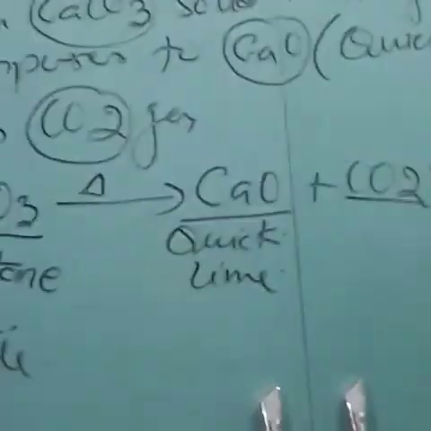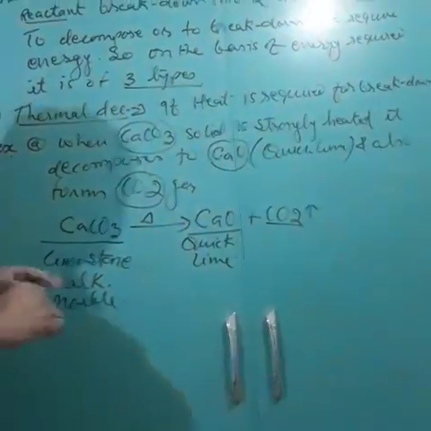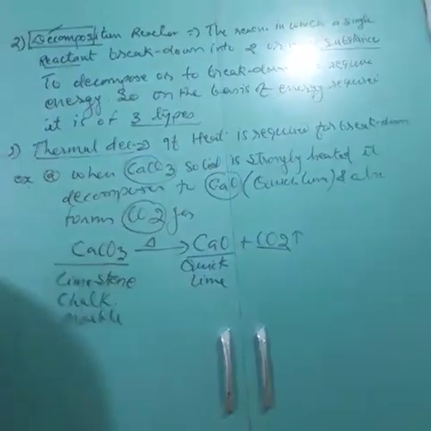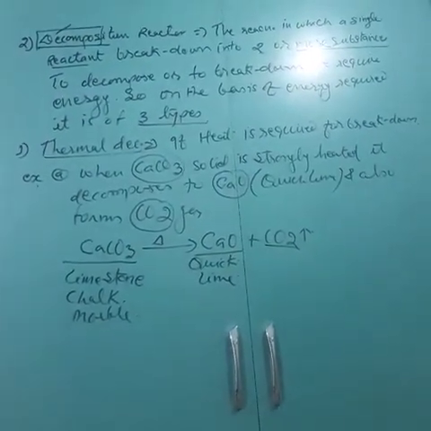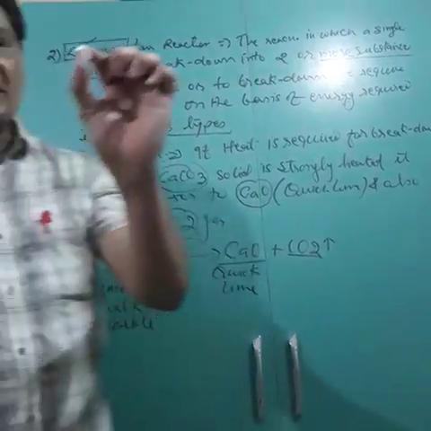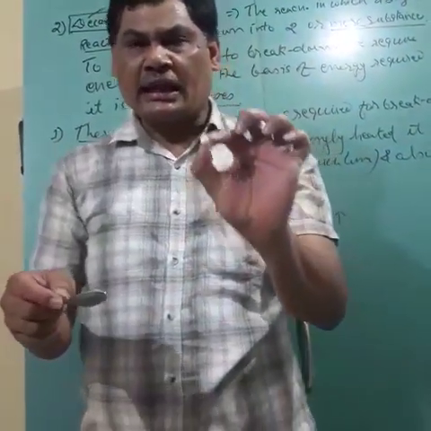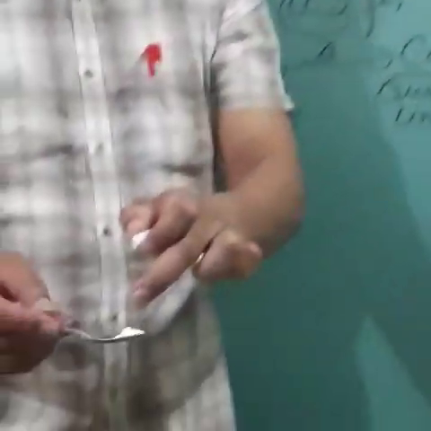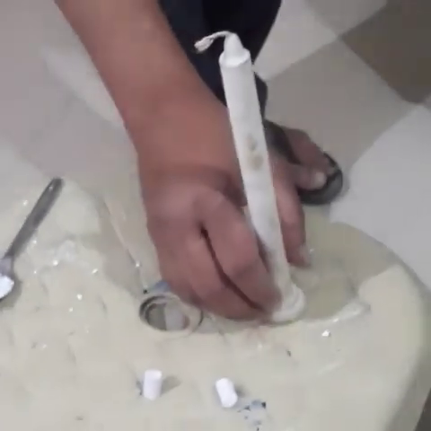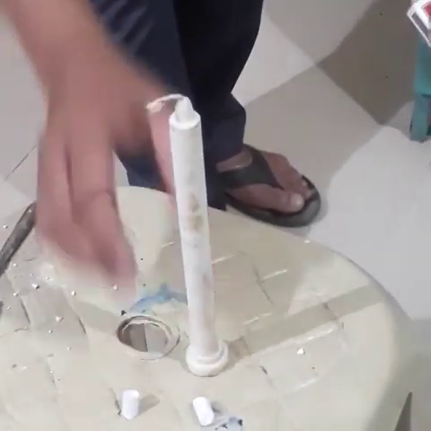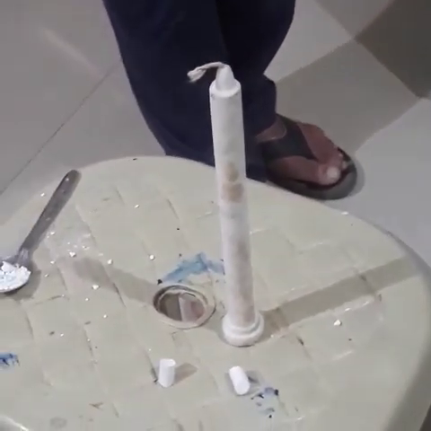Students, we can perform this experiment or activity right now with our available resources. Like here, available resources are what? I have a piece of chalk. Look at here. This is called calcium carbonate, and this is also its powdered form. Now, if I heat it, using what? Heat. That is therm. Therm is called heat.